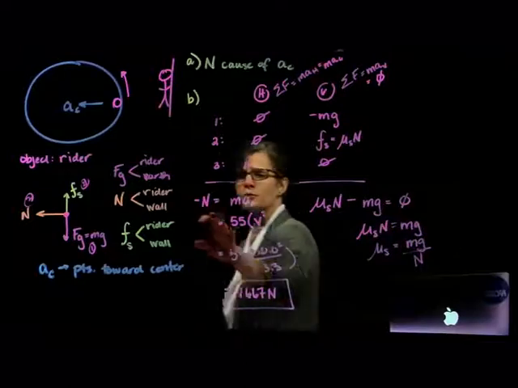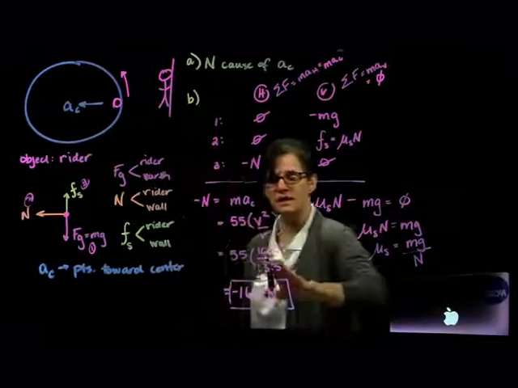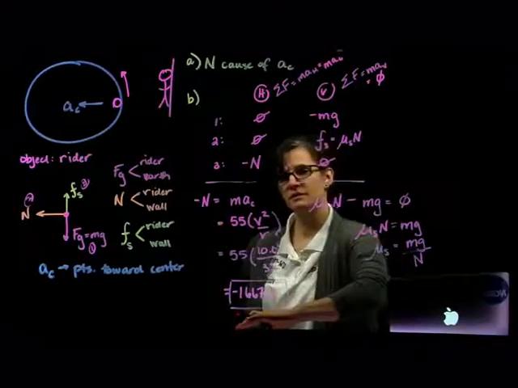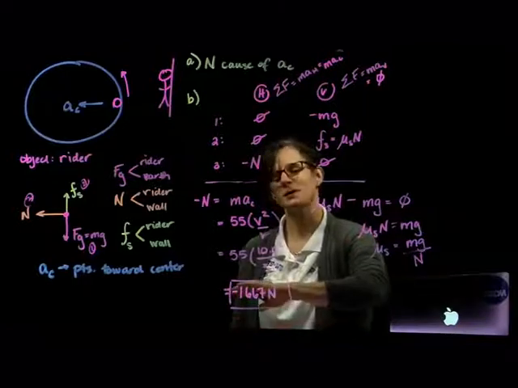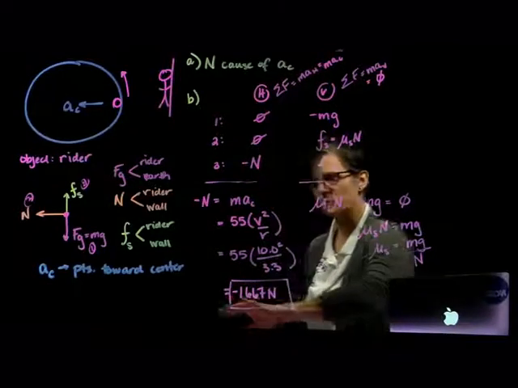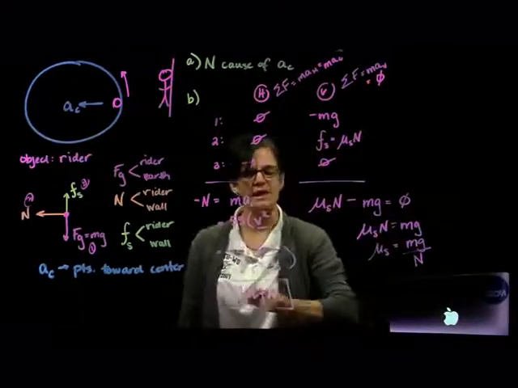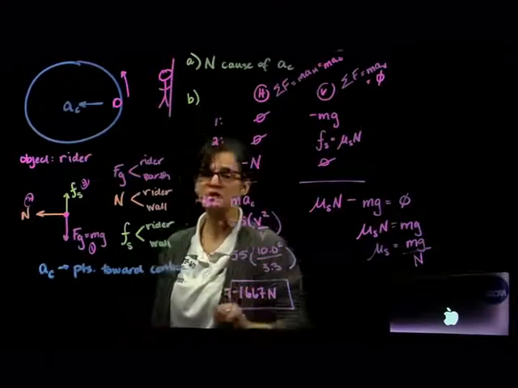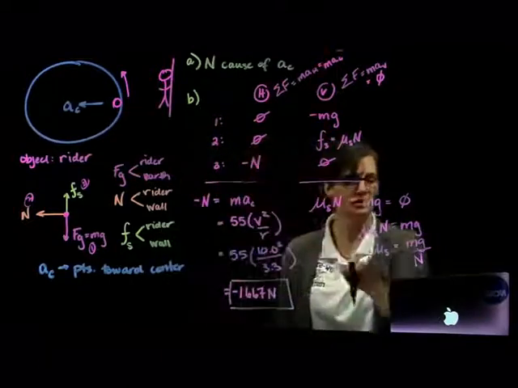Well, our normal force was the source of our centripetal force. So we know our centripetal force is 1,667 newtons. It's pointing to the left, but this is directional information. We've already considered direction.